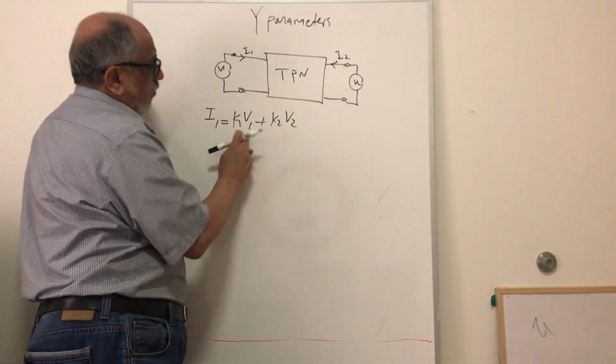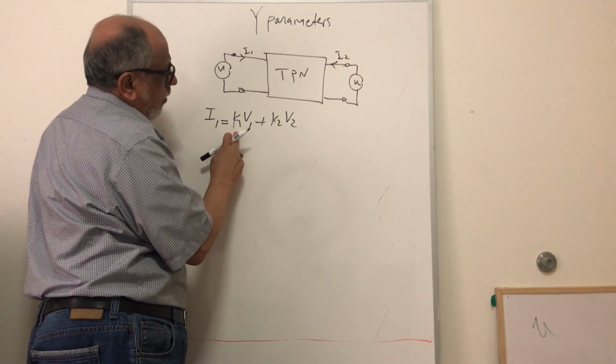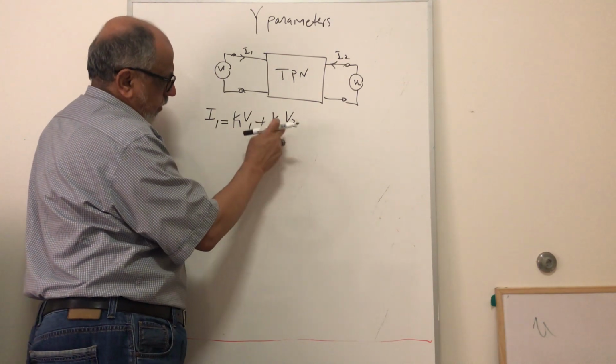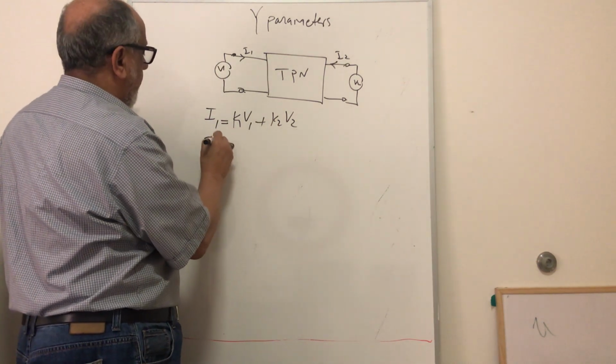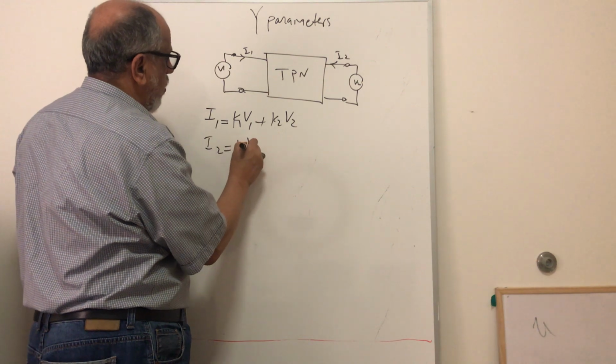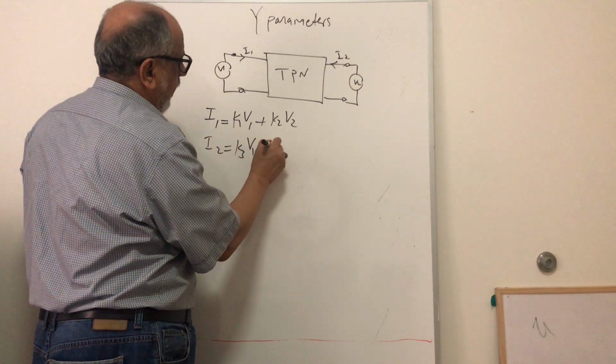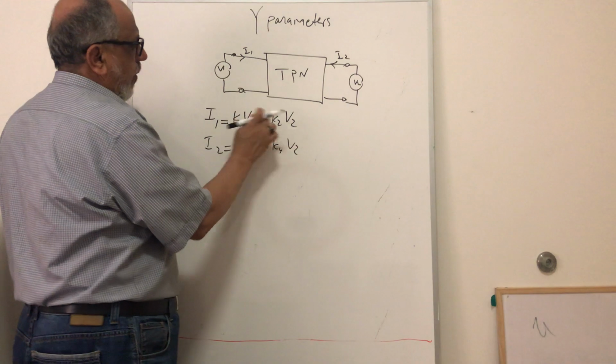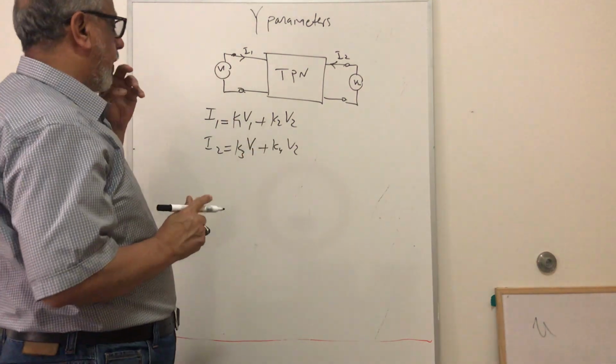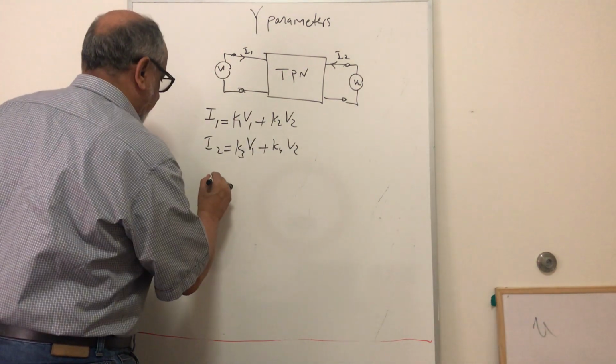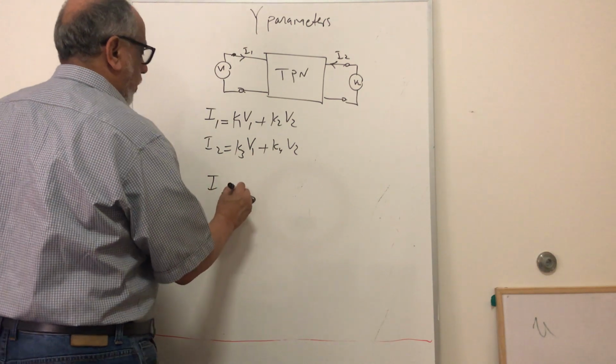Now this is current, this is volt, then this must be admittance, right? So 1 over Z, or Y parameters. Same thing here. And I2 equal to, let's say we call it, K3 V1 plus K4 V2. So K1, K2, K3, K4 are Y parameters.